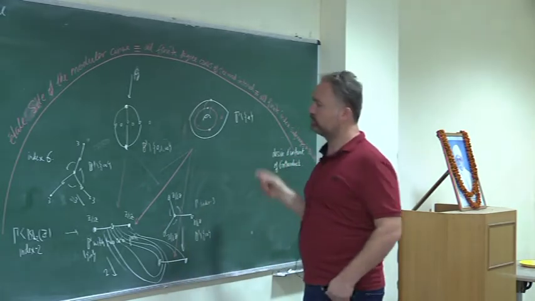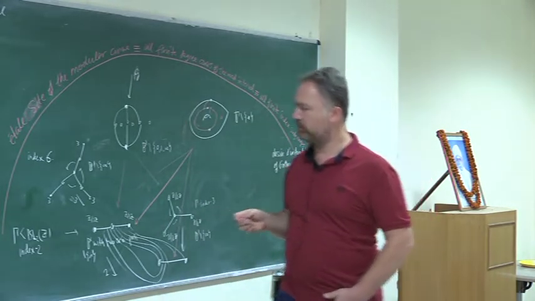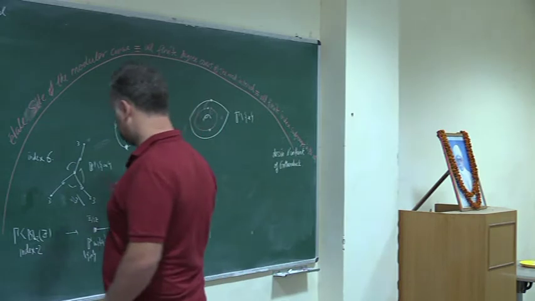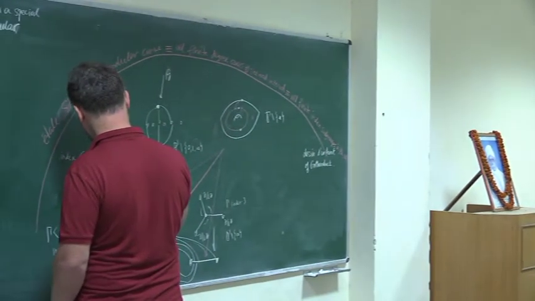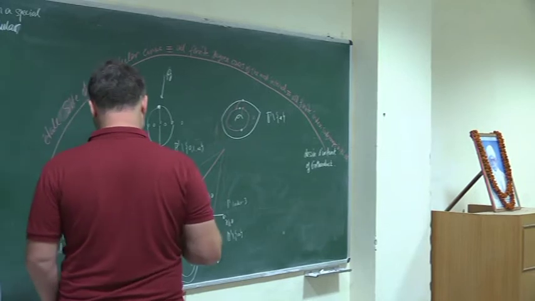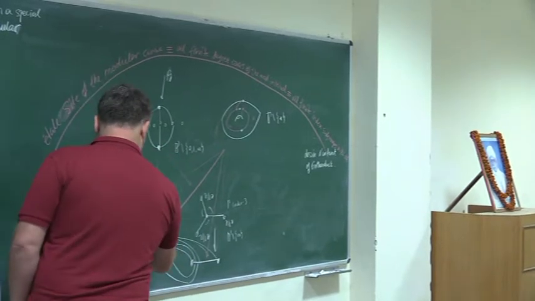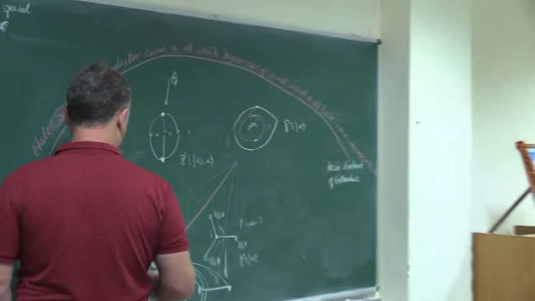Of course, in order to make them correspond to subgroups, I must specify a base edge in this case. For example, here the base edge could be this, and here the base edge could be this, etc.